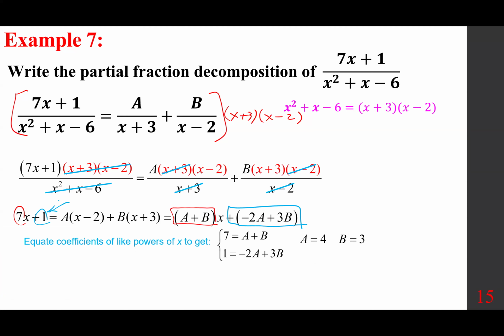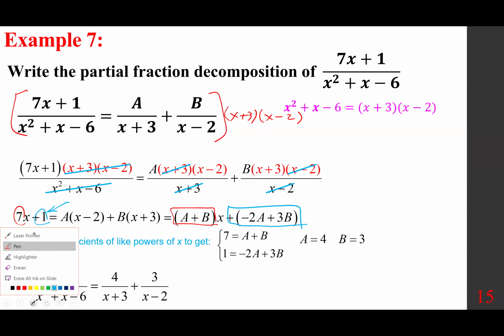But when you solve that, then 7x plus 1 over x squared plus x minus 6 becomes 4 over x plus 3 plus 3 over x minus 2. I'm going to show you how fast you can solve this without the system.